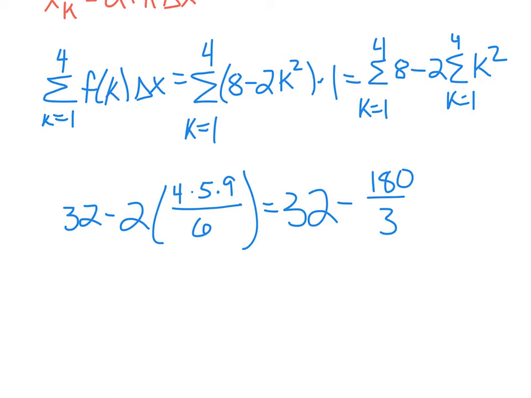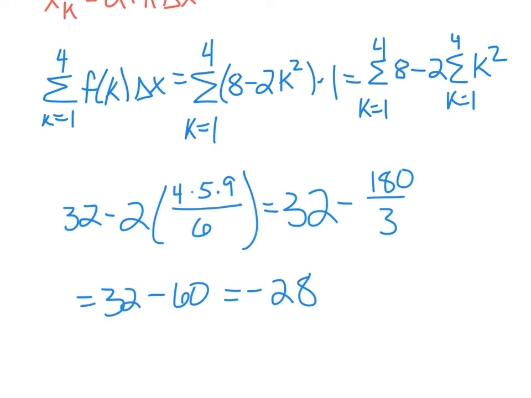Right, I did that right, 20 times 9, 180 over 3. So then, so we're getting a negative 28 when we do it that way.